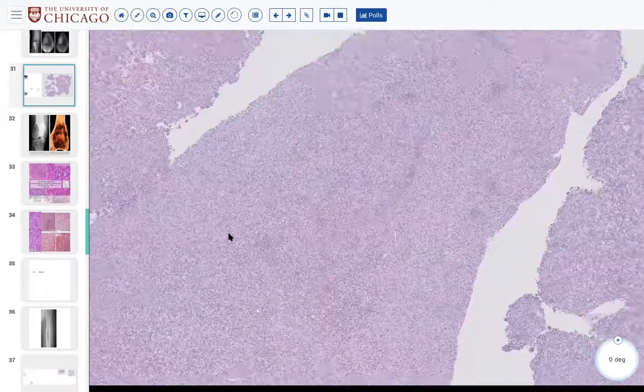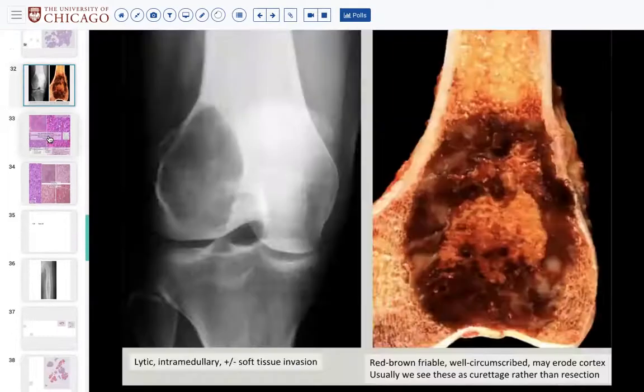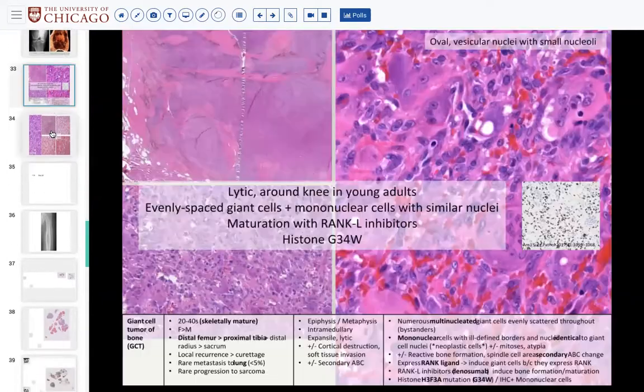So this is a classic example of giant cell tumor of bone. We don't often see these resected, as in this case on the right. They're generally curetted, as we saw in the above example. On occasion, if they are refractory to therapy or aggressive, they can be resected en bloc, but more often they're just curetted. And this is the other lesion that has histone mutations.